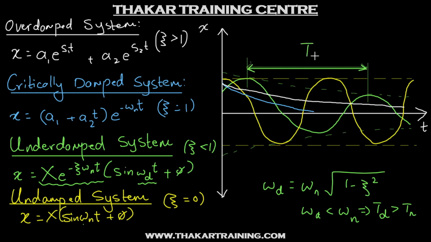This is Td. And a similar time period we can mark for the undamped system. So let's suppose we take two similar points over here. So here is a time period of the undamped system. This is Tn. So Td will be more than Tn. That is what follows from this expression, omega d is equal to omega n under root 1 minus zeta square.